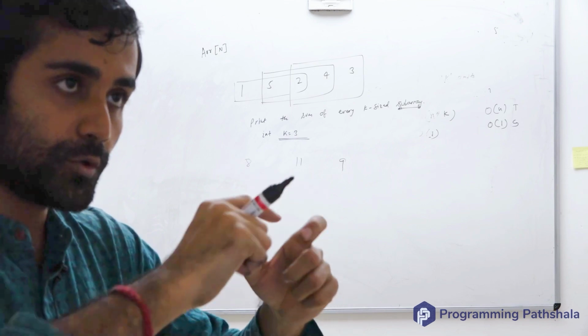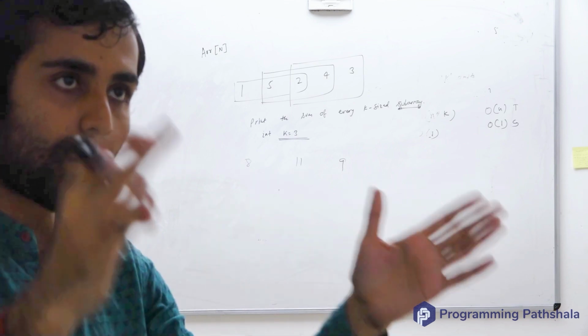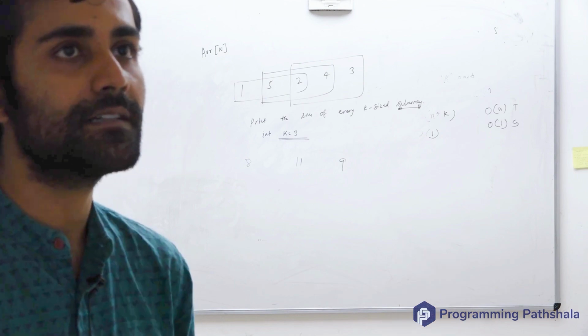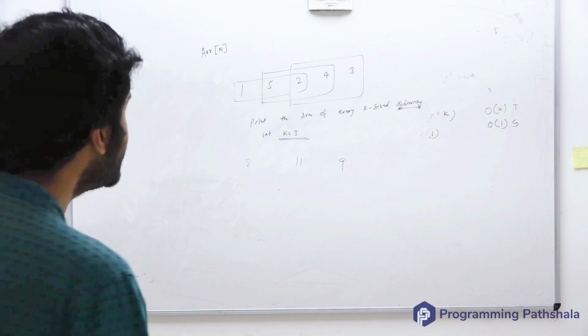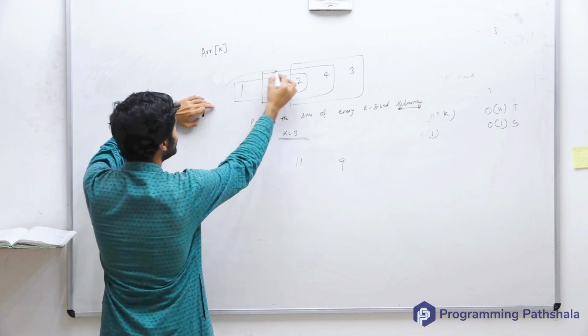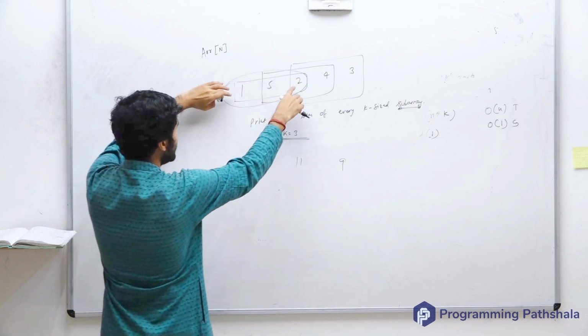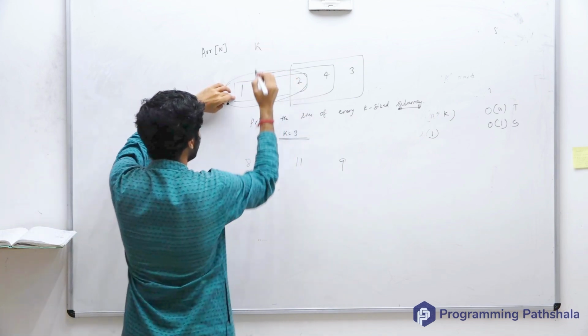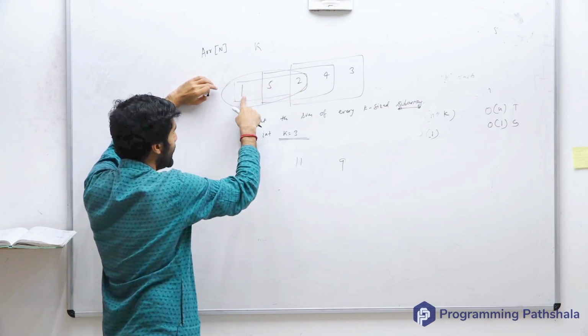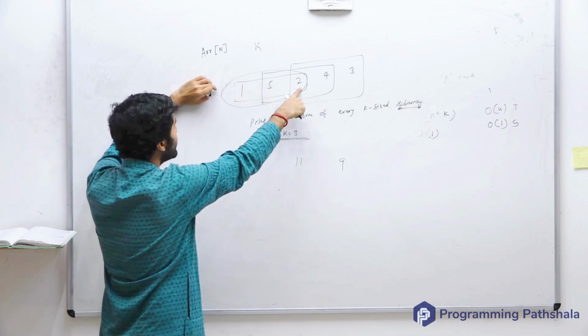One way is to consider all these subarrays one by one and figure out their sums. But if you do that, think of it in this way. How many elements are there in any subarray? In any subarray, the number of elements is k. So if you compute the sum of this entire thing one by one, how much time will be taken?